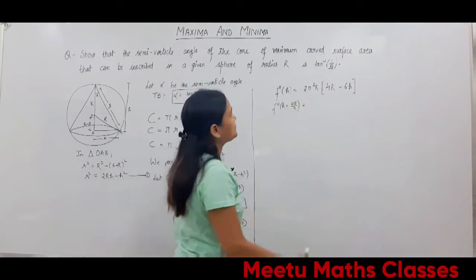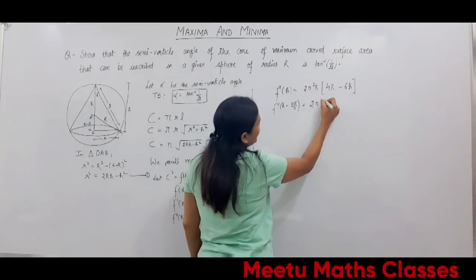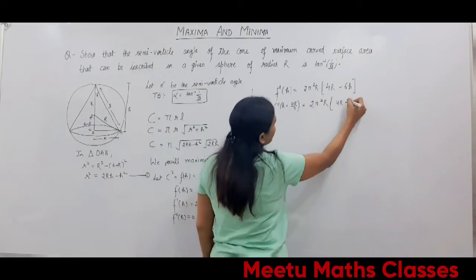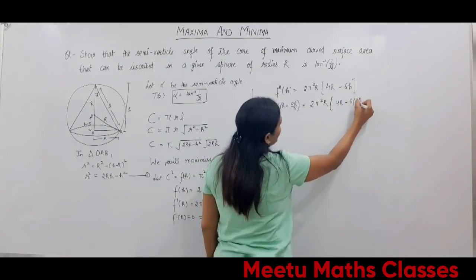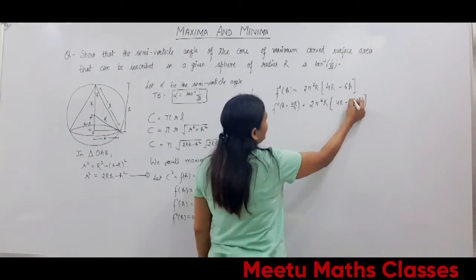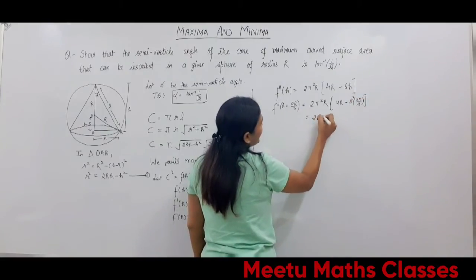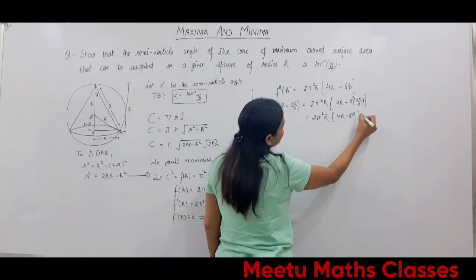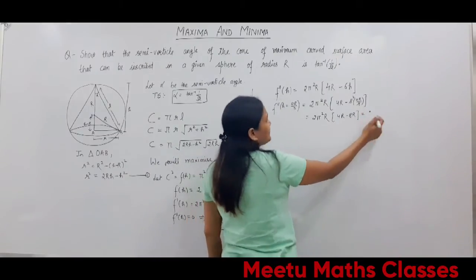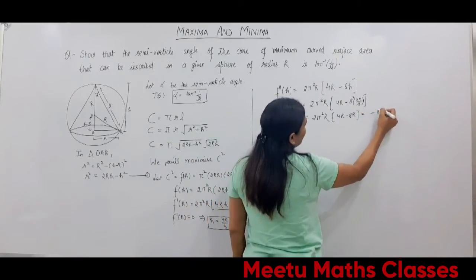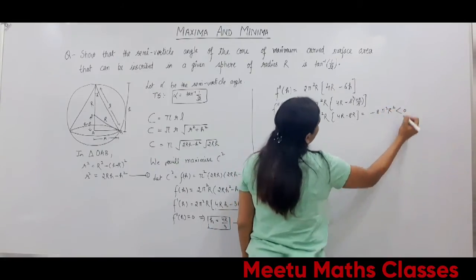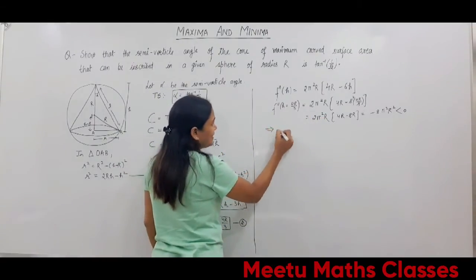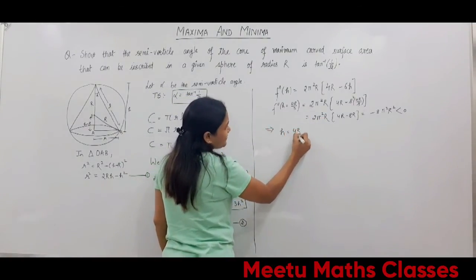The second derivative at this point will be 2 pi square R into 4R minus 6h, with the value of h as 4R upon 3, and that will give you 2 pi square R into 4R minus 8R, and that is minus 4R, and this is a negative quantity. So the second derivative at this point is negative. That will imply that this is a point of maxima.